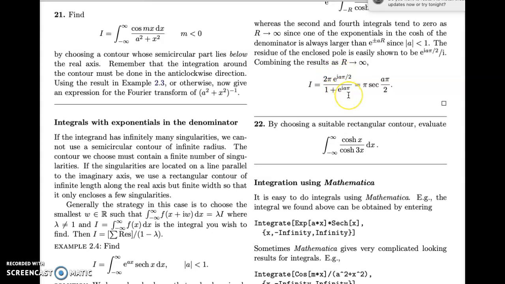And if we simplify this, the easiest way is to multiply top and bottom by e to the minus ia pi by 2. That gives us 1 over cosh of ia pi by 2, and we've just got pi left. So that's the answer.